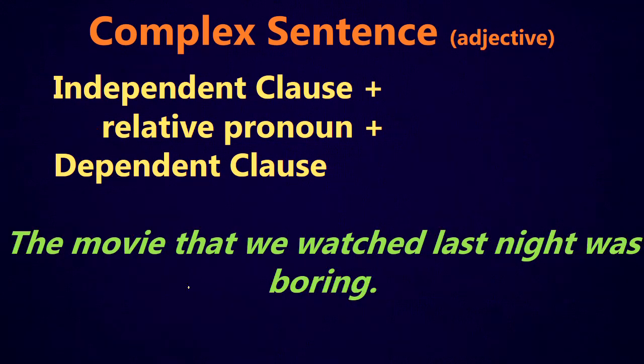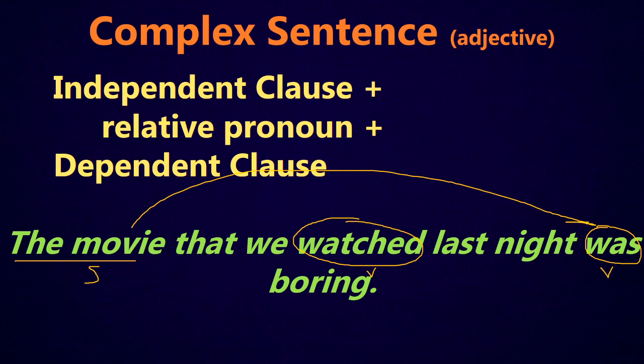Now let's look at this one. The movie that we watched last night was boring. We've got the movie, which is a subject. We've got watched, which is a verb. We've got was, which is a verb. The movie is the subject of this verb was.